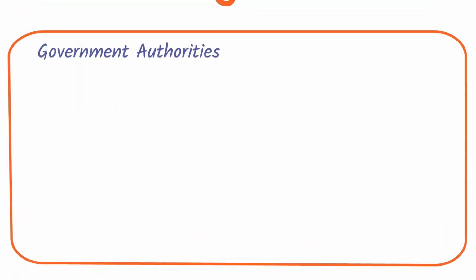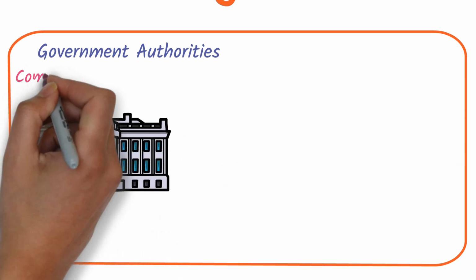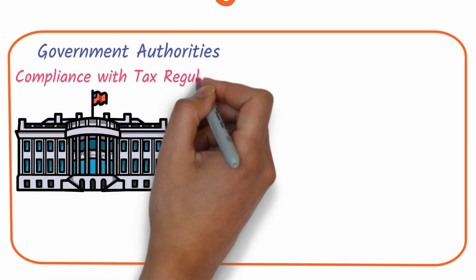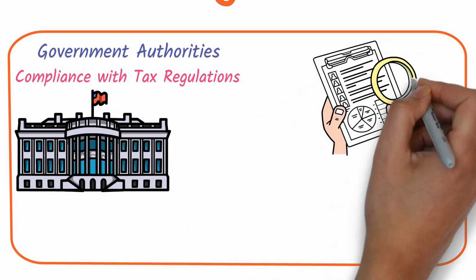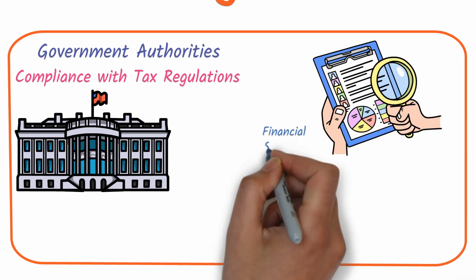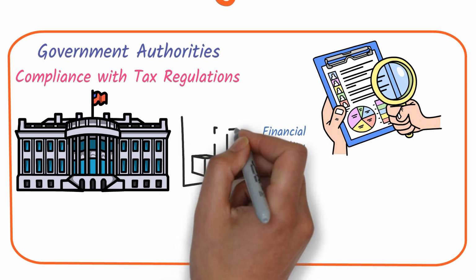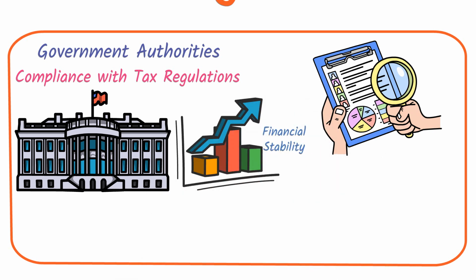Government authorities, they are concerned about the financial aspects and the tax regulations aspect, how far the company is prompt in paying the taxes, and they assure the financial stability of the company to the common people.